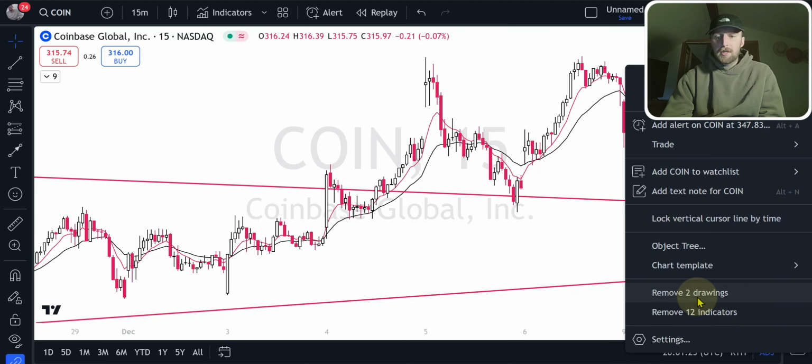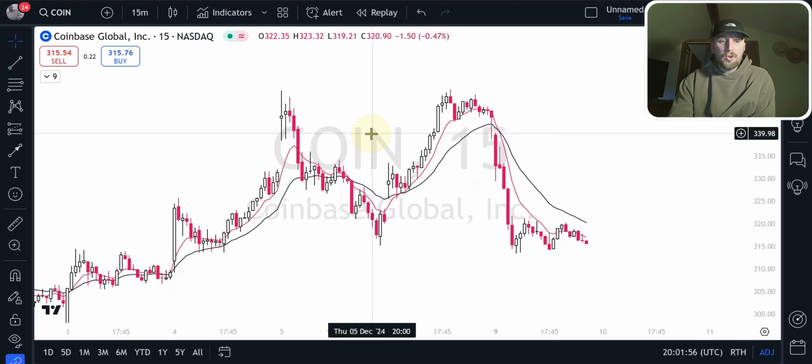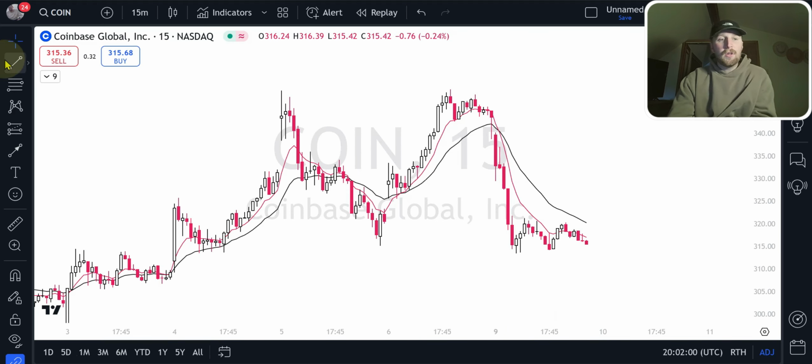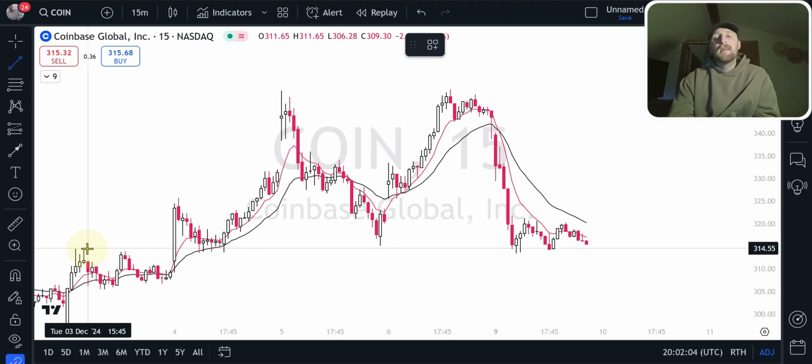So that is the way I'm going to teach you guys how to draw. When drawing your support and resistance lines, you want to look at what level. Instead of support and resistance, I like using the terminology key pivots just because it's easier to understand.